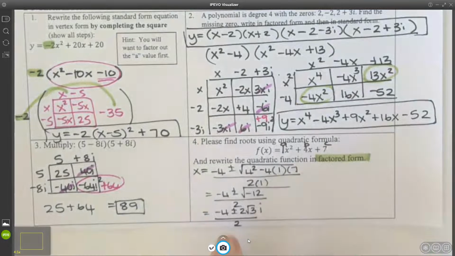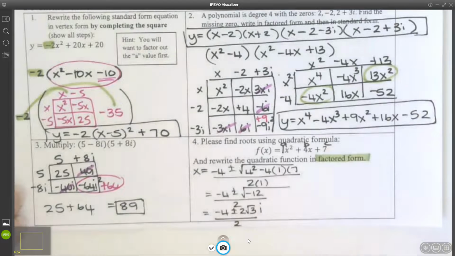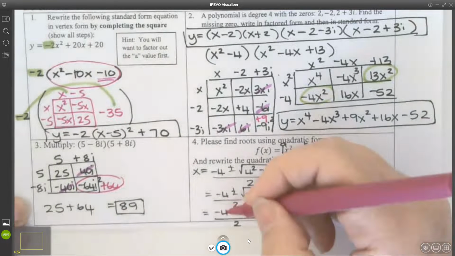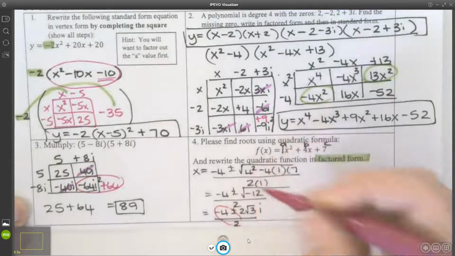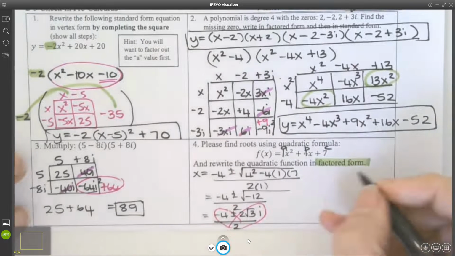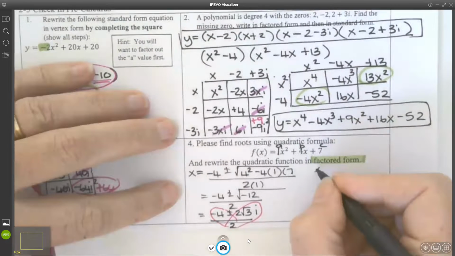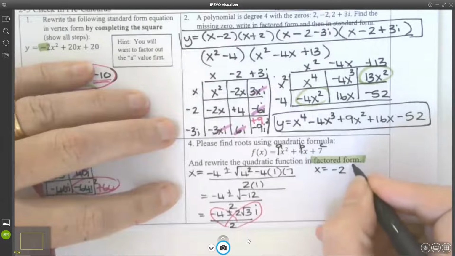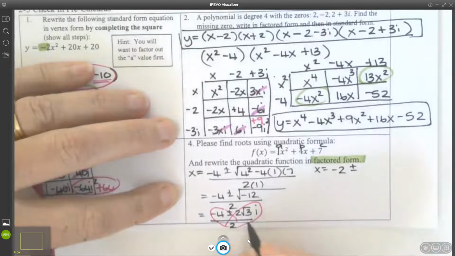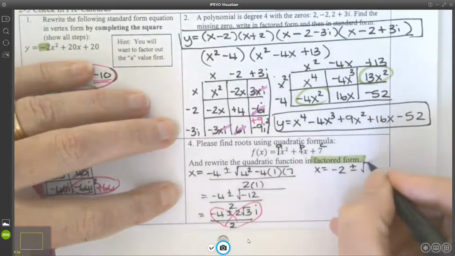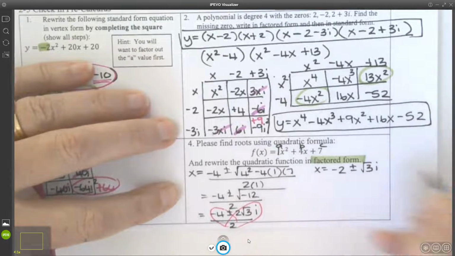Since I have these two terms and they're added or subtracted, and then I have this long fraction bar divided by 2, it means that the first term is divided by 2 and the second term is divided by 2. And so x is going to equal negative 4 divided by 2 is negative 2, plus or minus 2 root 3 i divided by 2. Those two 2's can cancel out, and I'm going to get root 3 i.